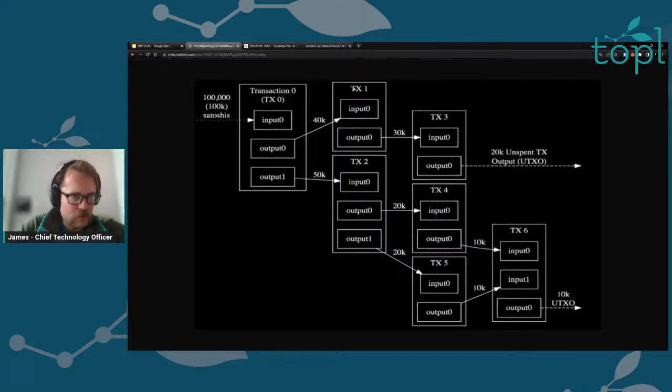To reiterate, transaction 0's output 0 is, in the language I use because I think it's useful, spent or consumed by transaction 1's input 0, right? And that's what this arrow references. That idea of consumption, or consuming a reference, is pretty much the whole basis of the UTXO system.